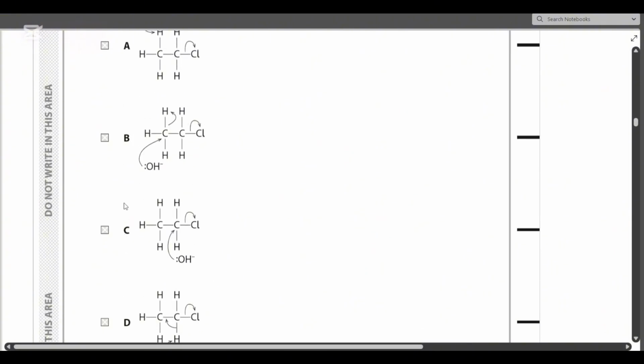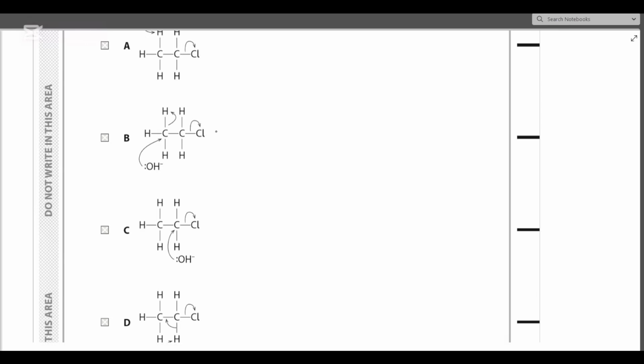Now, if I talk about B and C, B is instantly rejected because we can clearly see that the nucleophile is attacking the wrong carbon. It is supposed to attack the carbon bonded to the halogen.